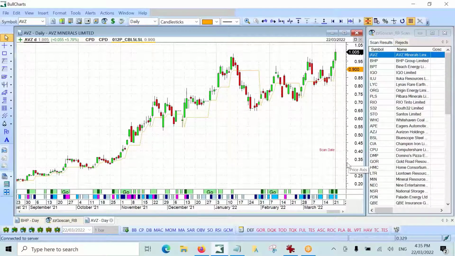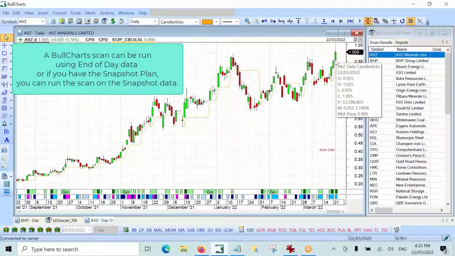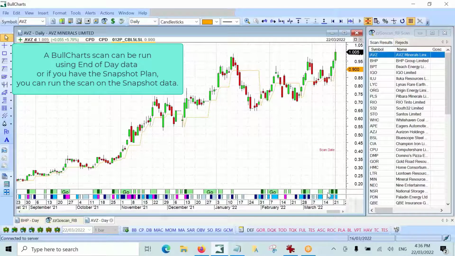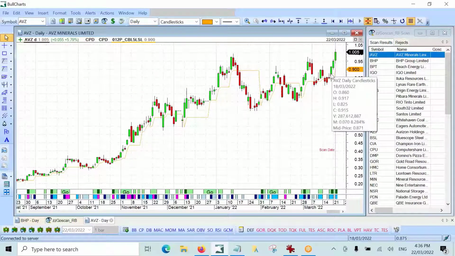It looks as though, yes, this is the end of day today data. We look there, yes, there it is, 22.3. So this isn't the snap data, it's today's end of day. If you look back here, it actually got pinged 3 or 4 days ago here as a possible goer.